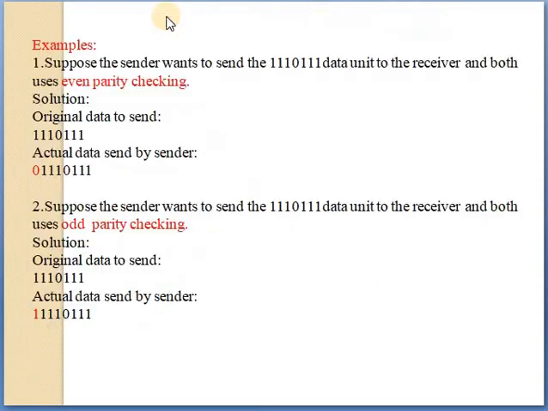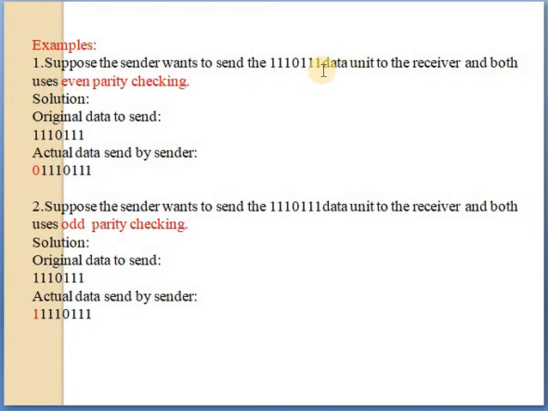Next point is an example related to parity checking or VRC. Suppose in this example the sender wants to send the data unit 11101111 to the receiver, and both use even parity checking. The solution: the original data sent by the sender is 111011.